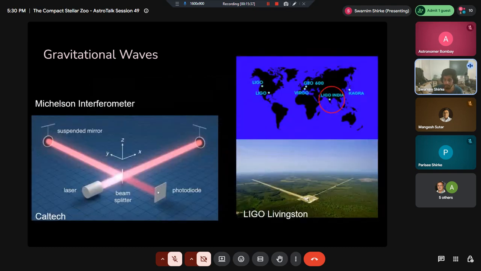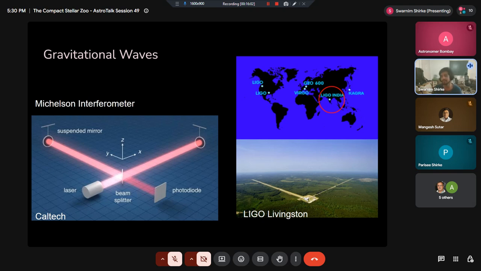They are probed using what we call gravitational wave observatories. They are basically Michelson interferometers, like the one shown here. You have lasers bouncing in an L shape, and they are combined together, which produces a pattern. Here is an image of such an observatory in Livingston, and the map shows the different locations of current gravitational wave detectors.